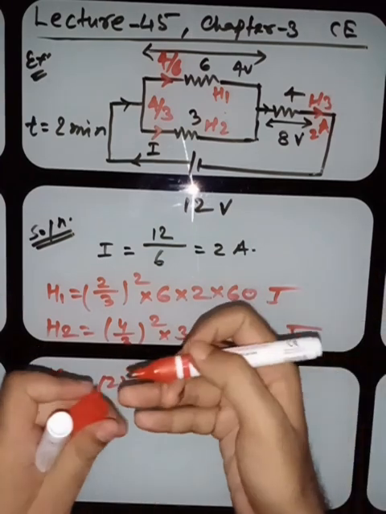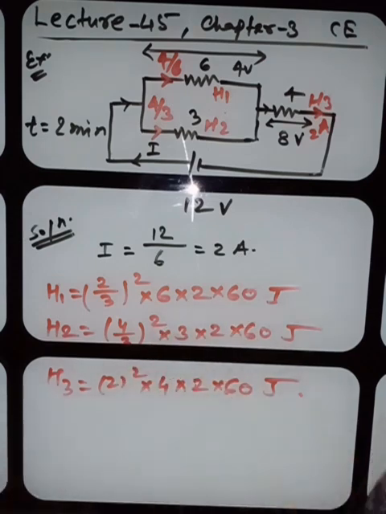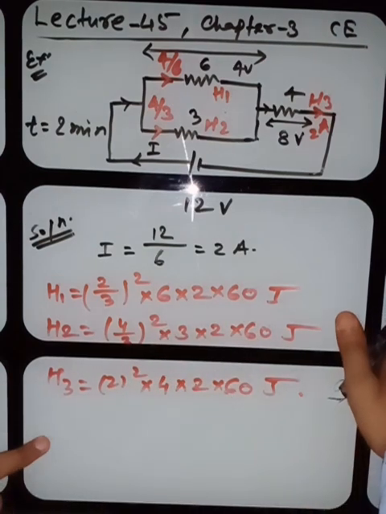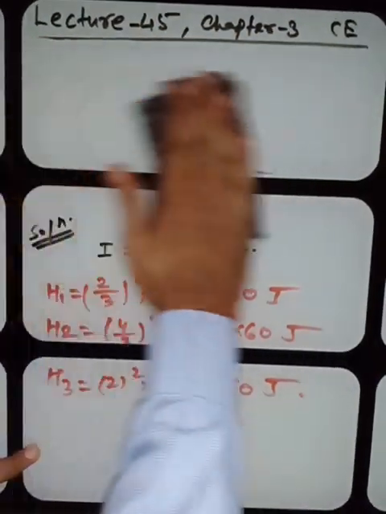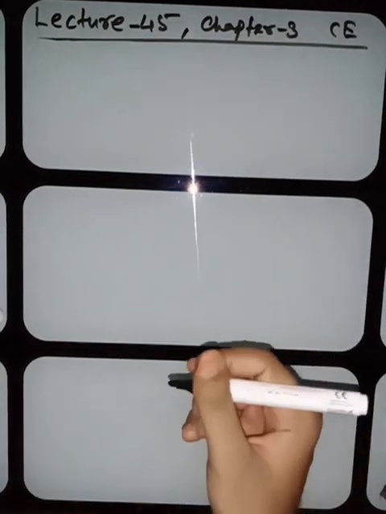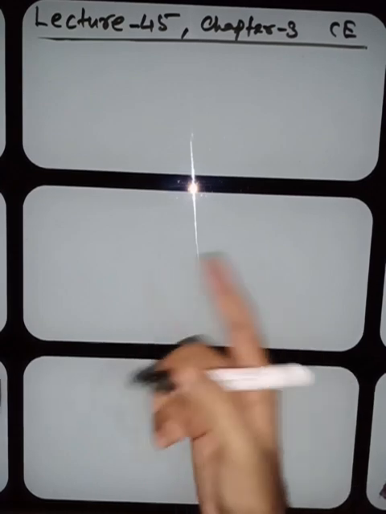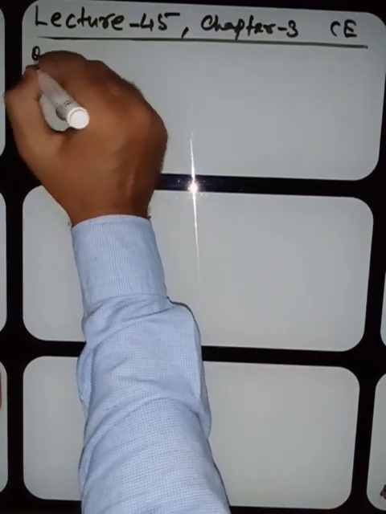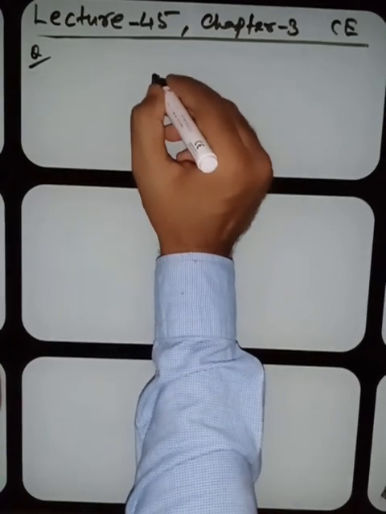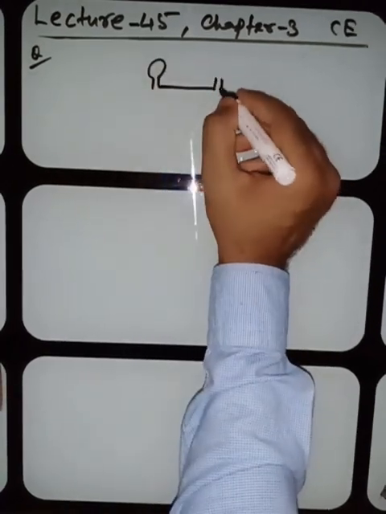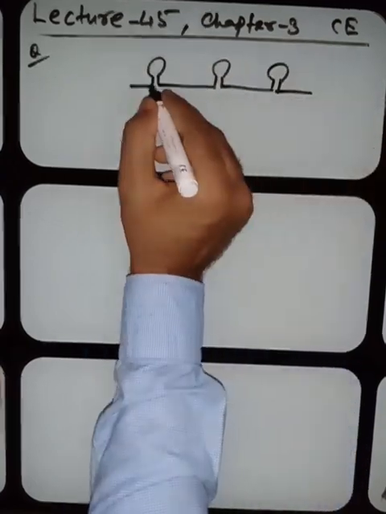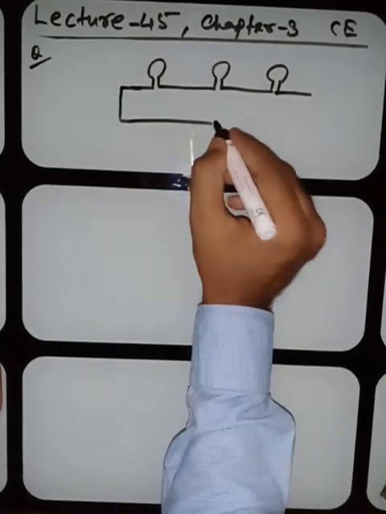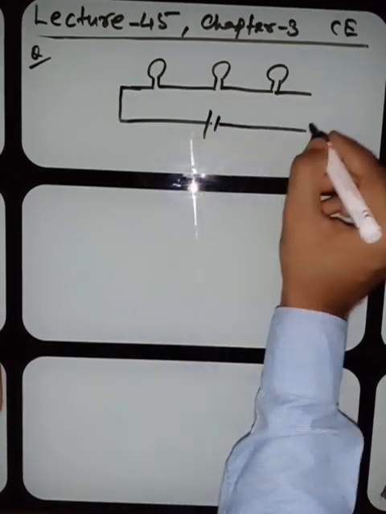Now the next question for our practice. My dear students, you have 3 bulbs, connected first in series and then in parallel. We are discussing the question for series with a source.